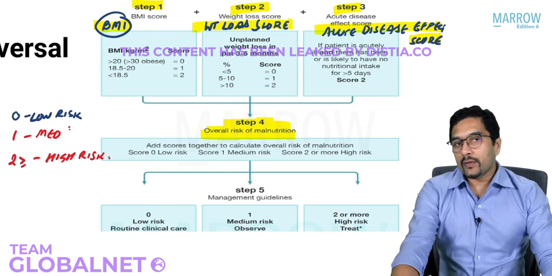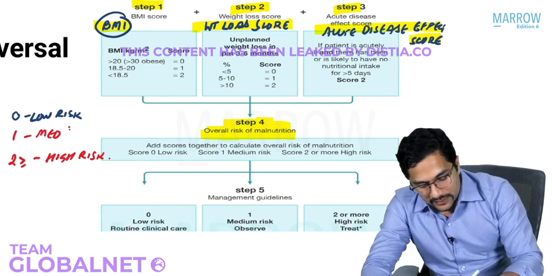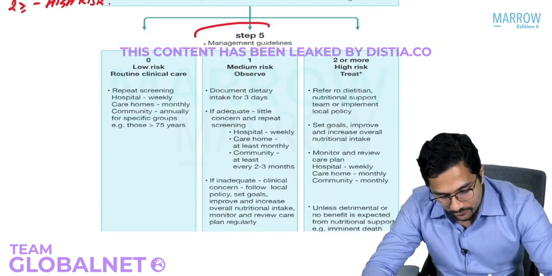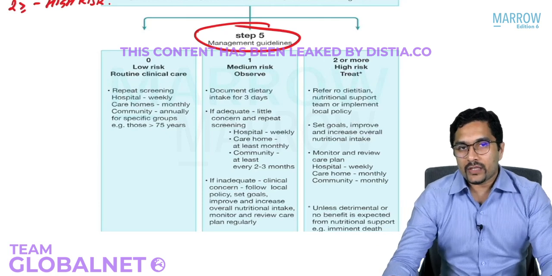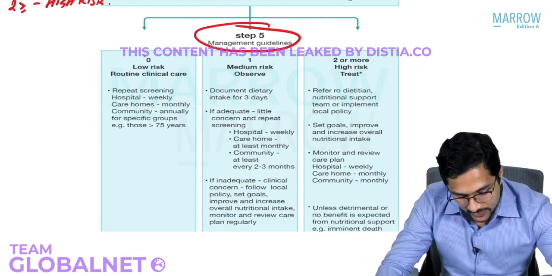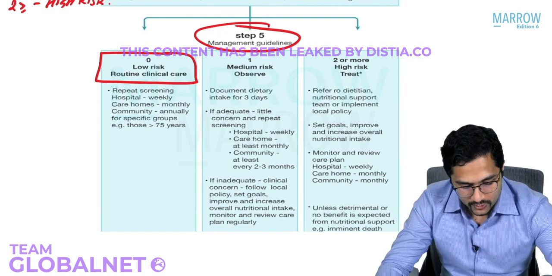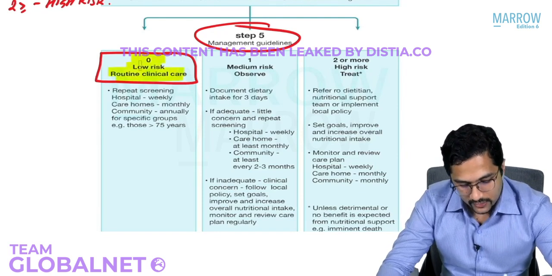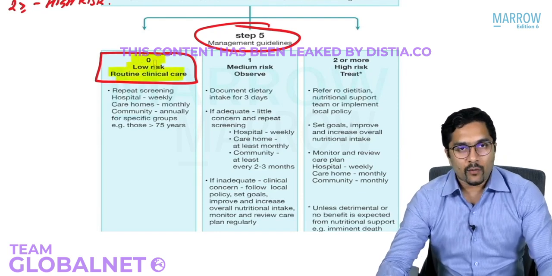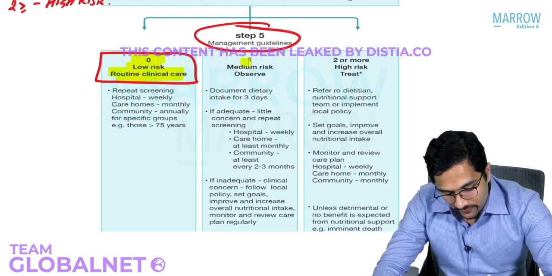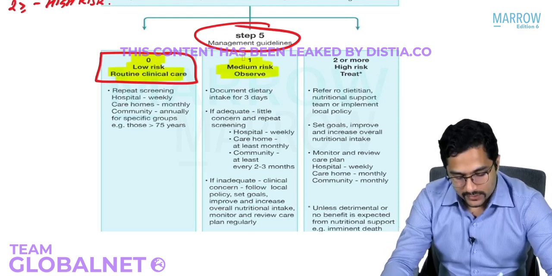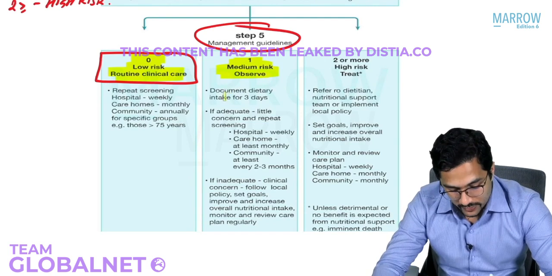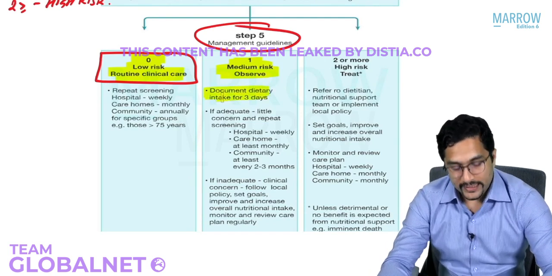So that is step number 4 of the MUST score. Once we've calculated this, step 5 is the management guidelines for each of these types. If it's a low risk score, all you require is routine clinical care. Nothing significant is required if it is 0. If it is 1, that is medium risk, then we have to observe, and document dietary intake.